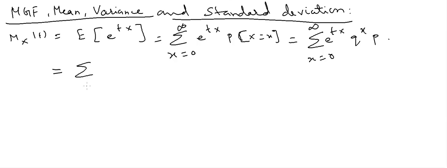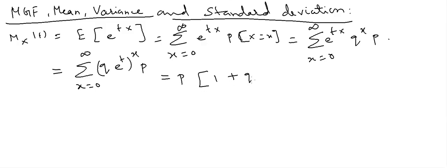When you use this, we get summation x equal to 0 to infinity of q e power t whole power x into p. When you expand this summation, 1 plus q e power t plus q e power t the whole squared plus etc., tending to infinity.